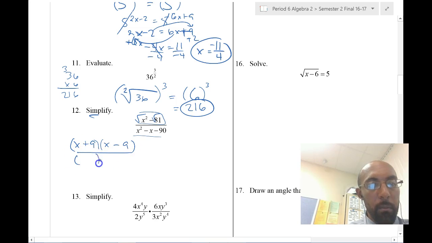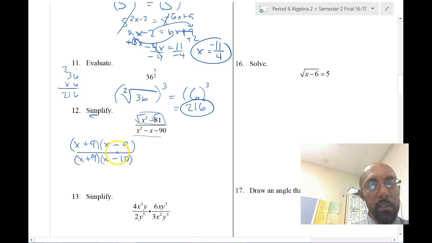And then below, let's see here, this will be x and x, 2 numbers that multiply to be 9 and 10. 9 times 10 is 90, and we'd have to have negative 10 plus 9 to get negative 1 in the middle number.